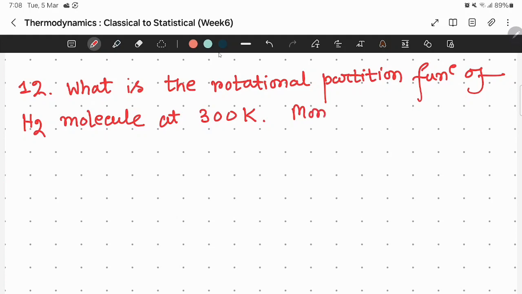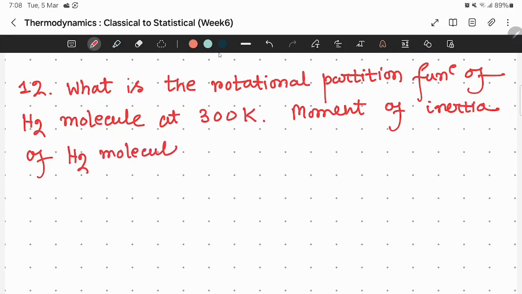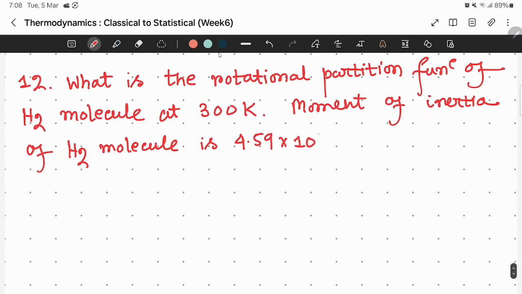The moment of inertia of the H2 molecule is given, 4.59 into 10 to the power minus 47 kilogram meter square, and also the symmetry number is given, that is 2.